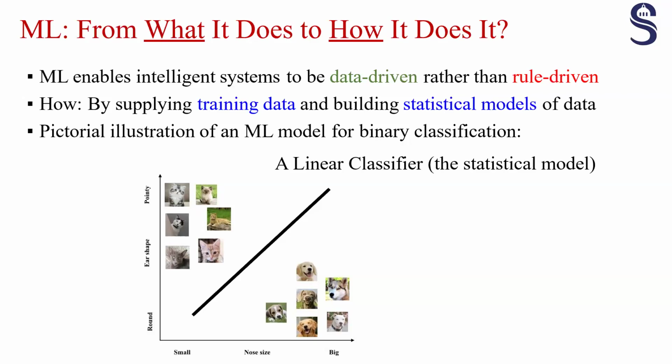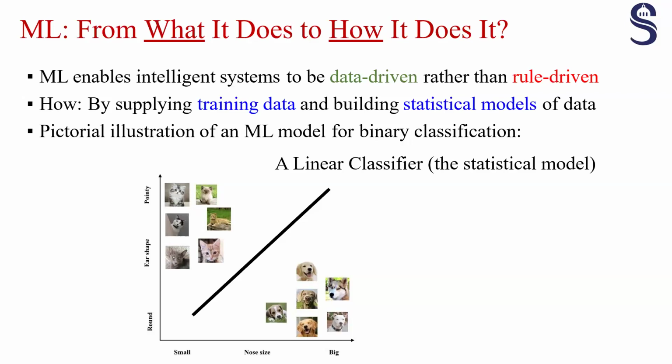Now, if you would like to see a pictorial representation, here we have the features nose size and ear shapes. Based on the nose size and ear shapes, we are trying to classify the images into two parts. And please understand, this is not labeled, right? We will discuss labeled and unlabeled later. We have just given the photographs.